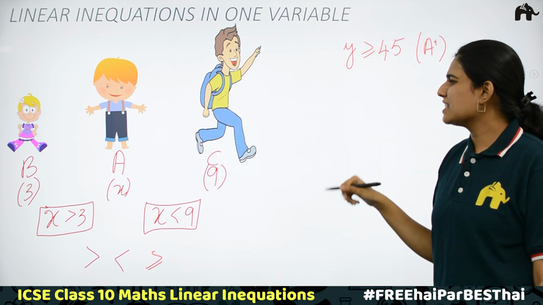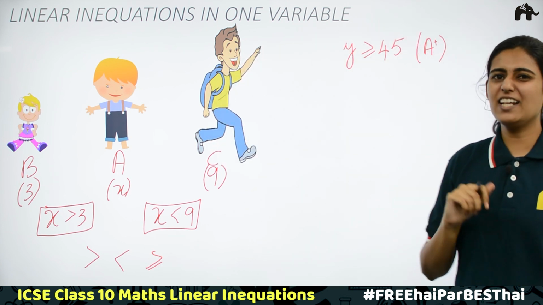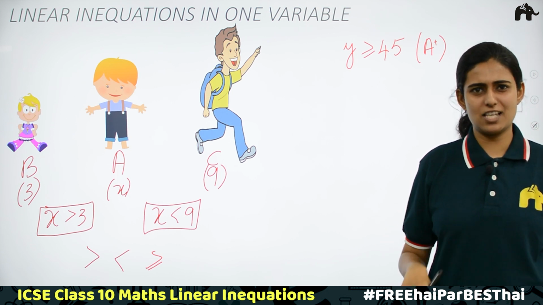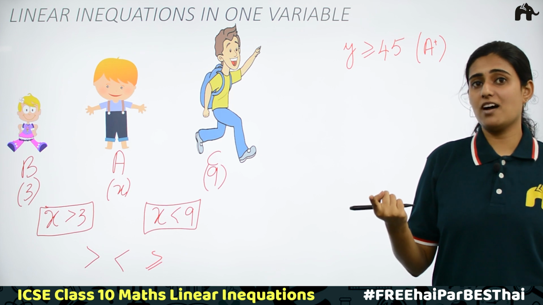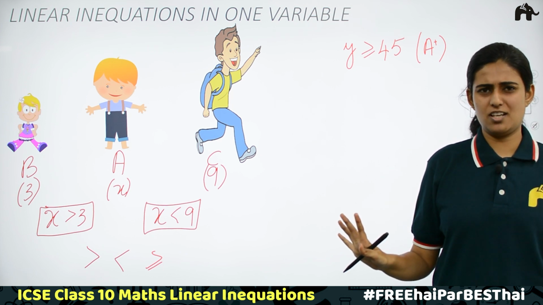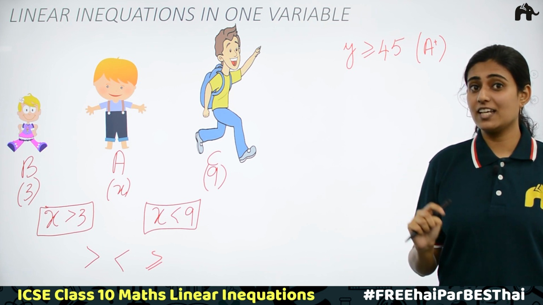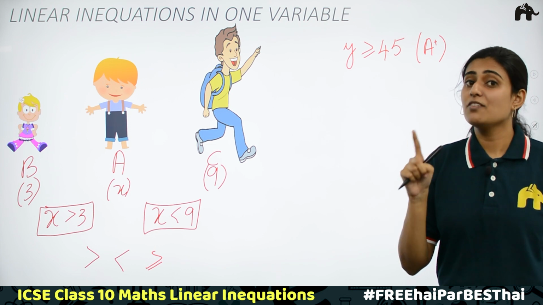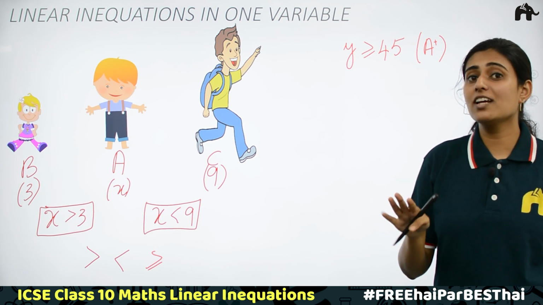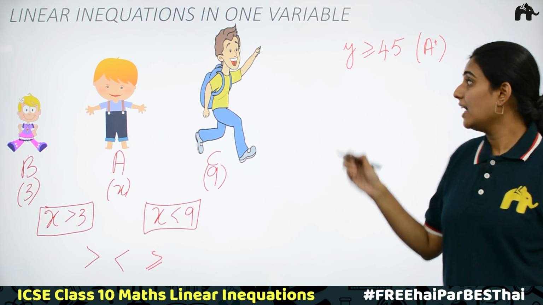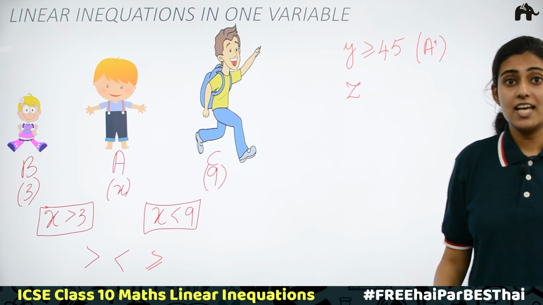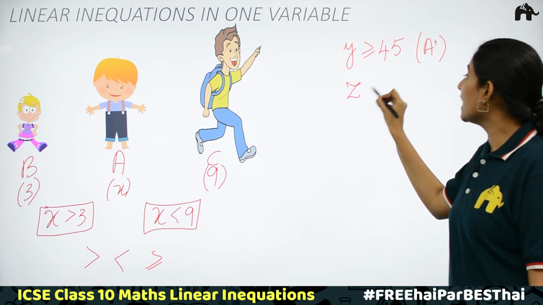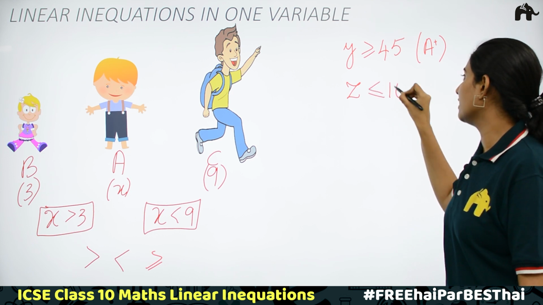But what happened is that his friend failed in the examination. Teacher said you failed in the examination. Only if a person scores above 10 marks, he will be passing the examination. How can I express this? Failed in the examination, which means he didn't score above 10. Let us take his marks as Z. Z is less than or equal to 10.